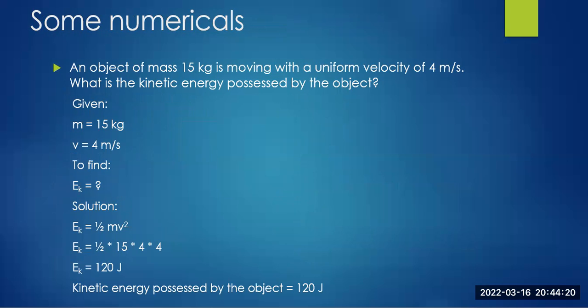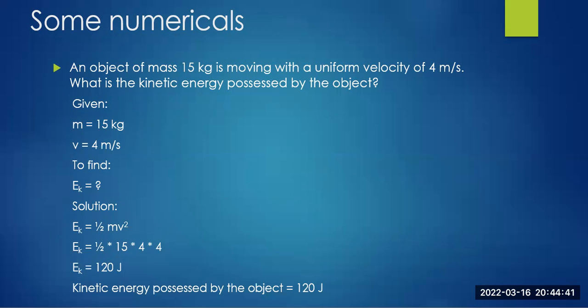An object of mass 15 kg is moving with a uniform velocity of 4 meters per second. What is the kinetic energy possessed by the object? First, writing down the given, m is equal to 15 kg, v is equal to 4 meters per second. To find is Ek, that is the kinetic energy.